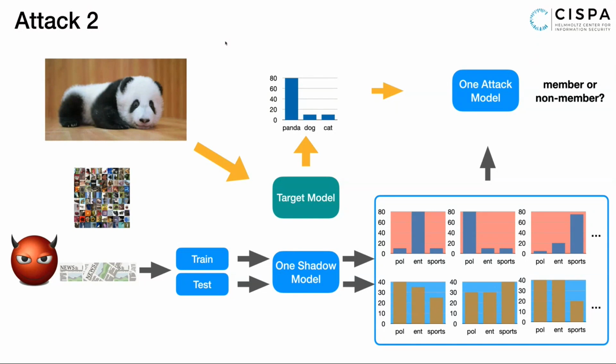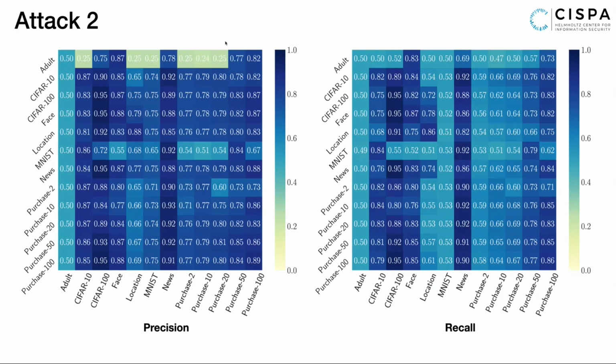Before we give some more explanation of why this attack can work, let's see the experiment result. Again, membership inference. On these 2 matrices, the diagonal is attack 1's result, that is, the shadow data set and target data set come from the same distribution. The other values are the transferring results.